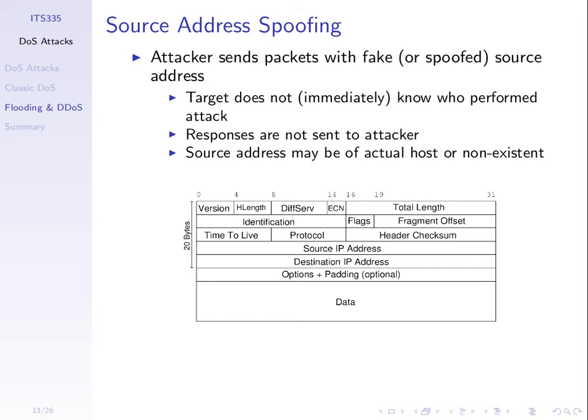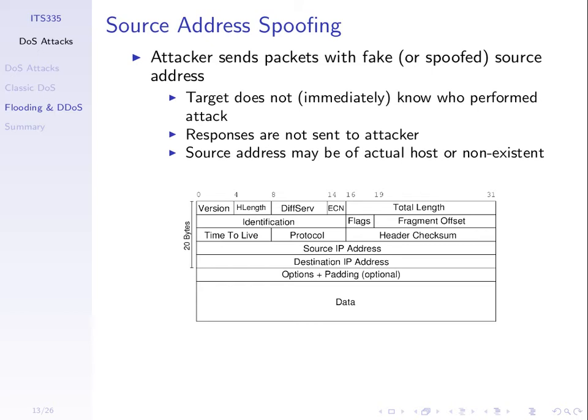The action may be blocking the data that they're sending somewhere, or maybe some legal action. If this is an attack on some company, then that company can take some legal action to try and stop it happening in the future. So if the attacker can hide themselves, then that makes stopping the attack in the future harder. So sending messages with a fake source address is one way to hide.